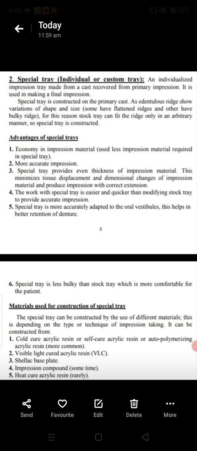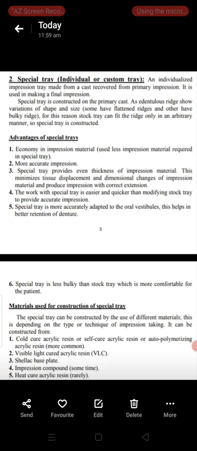As edentulous ridges show variation of shape and size, some have flat ridges and others have bulky ridges. For this reason, a stock tray can fit the ridges only in an arbitrary manner, so a special tray is constructed. Why do we construct a special tray?